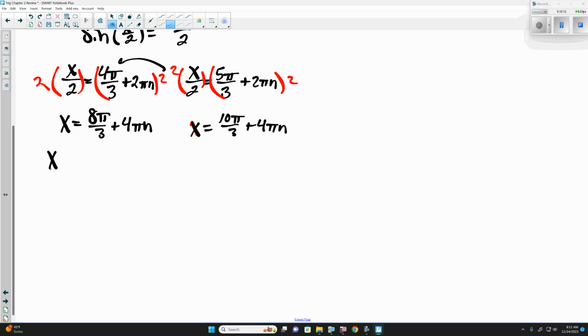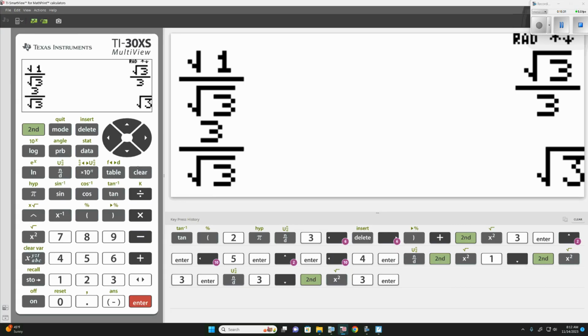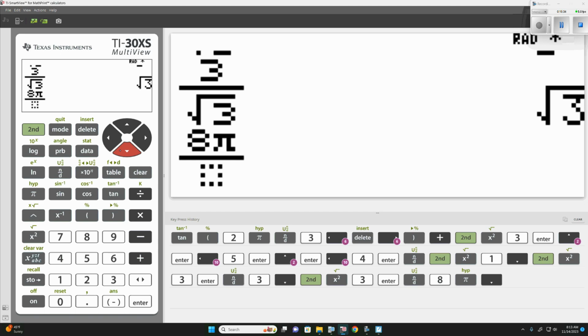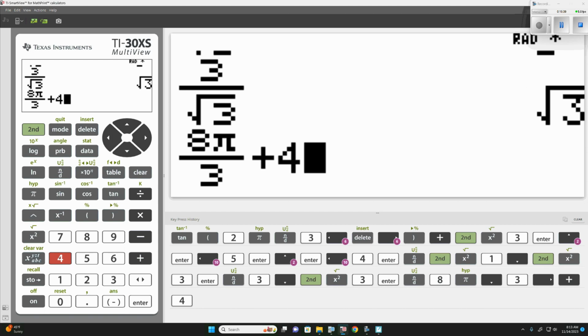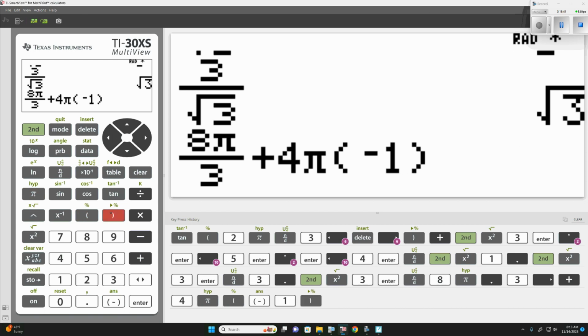So to fix this, I'm going to set n as -1 because n can be any integer, positive or negative. Is 8 pi over 3 plus 4 pi and n is -1, -4 pi over 3.